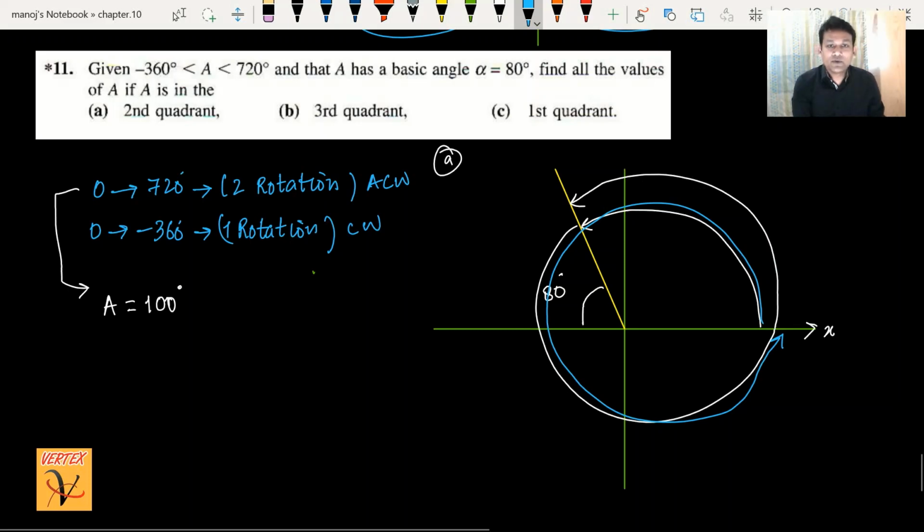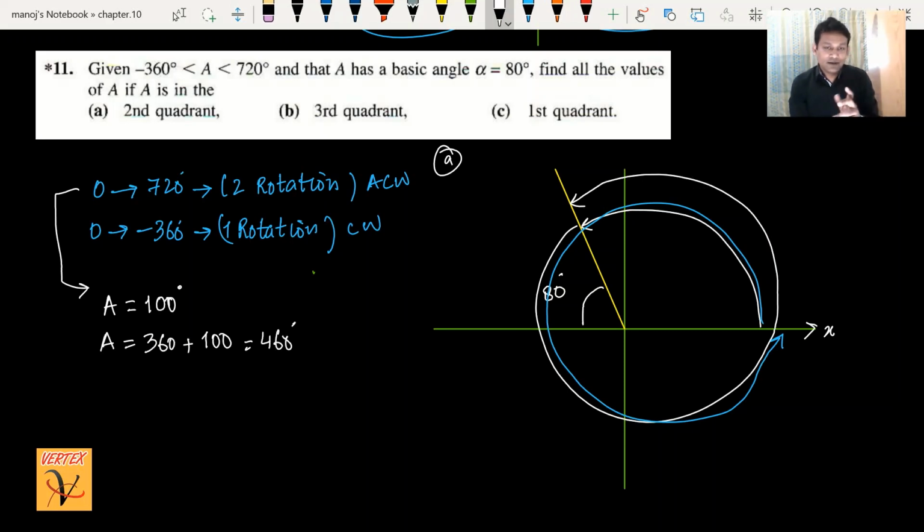So the method when you have a second rotation is simply add 360 to this 100, and you get 460. That may look a little complicated, but just start, because when you have done so many things like differentiation and sketches, then you will understand what I'm talking about.